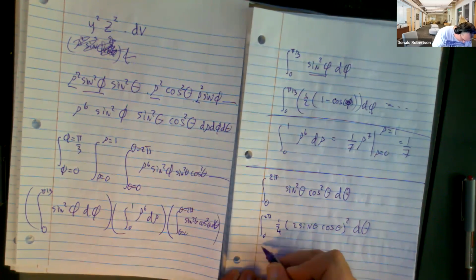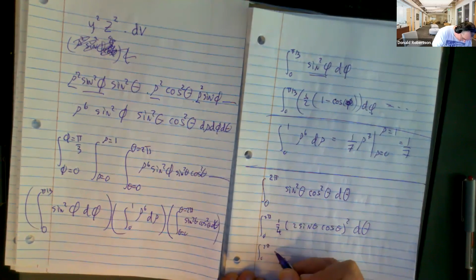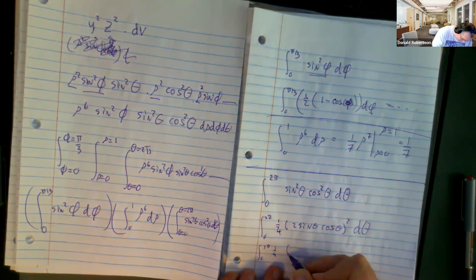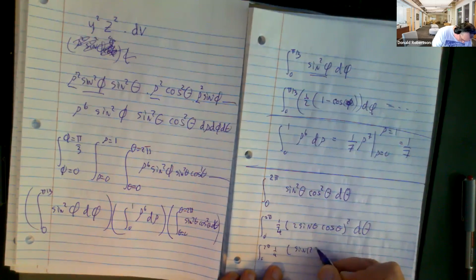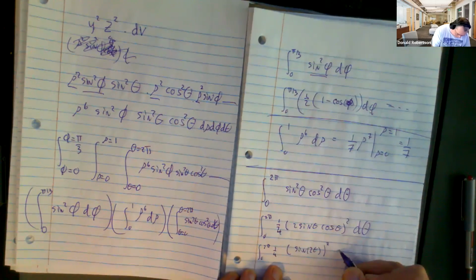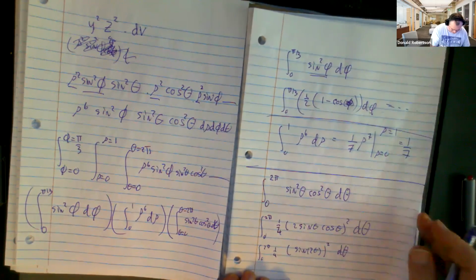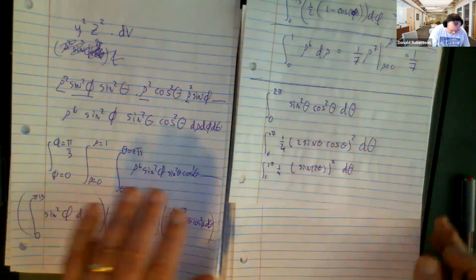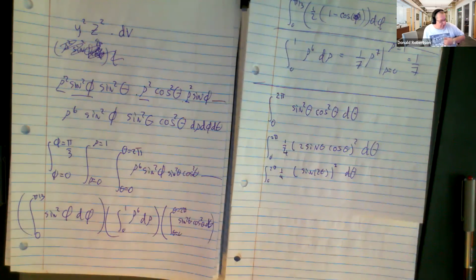And that is a quarter of the sine of 2 theta squared. I like it. That'll work. That's not the way I was going to do it originally, but that'll work.